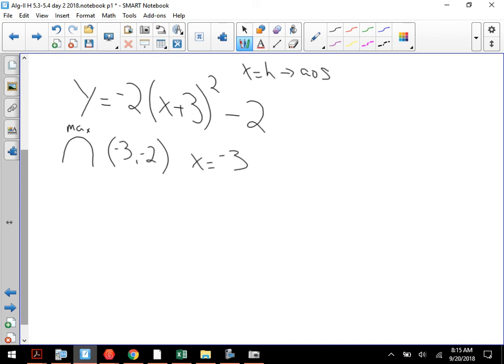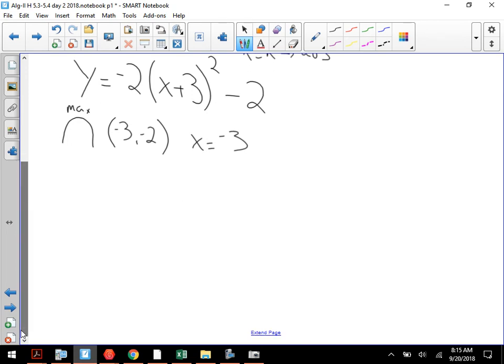Because remember, the axis of symmetry is always located at the x value of your vertex. Always, always, always. And that's why this form is awesome, because you don't have to map. You just have to remember. Okay. So as you go through this, we have -3, -2.